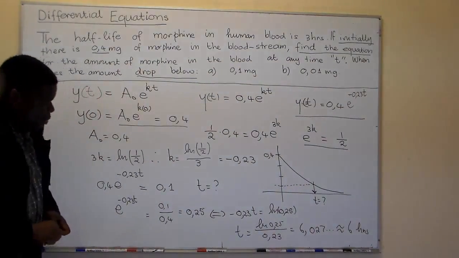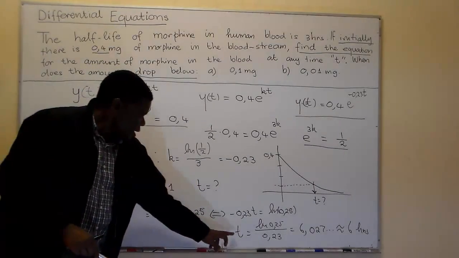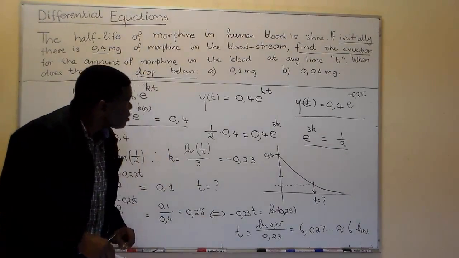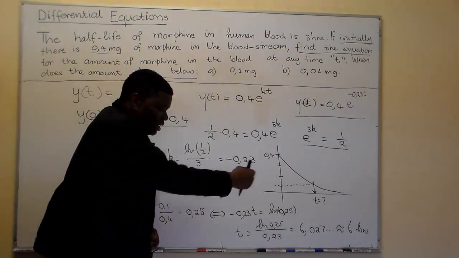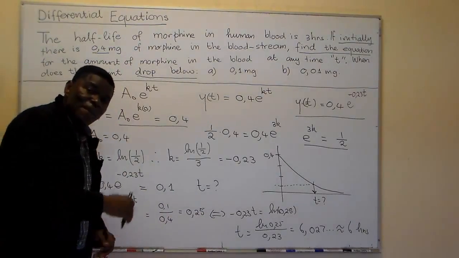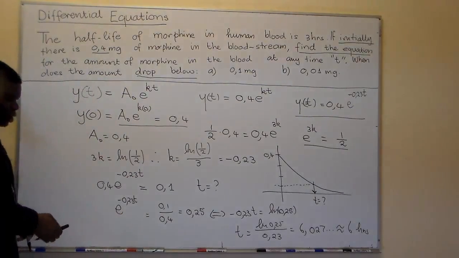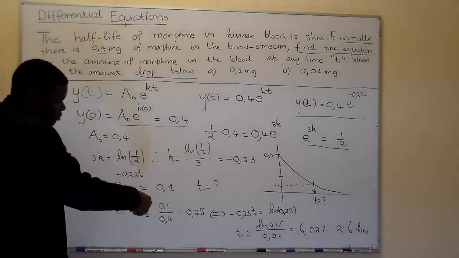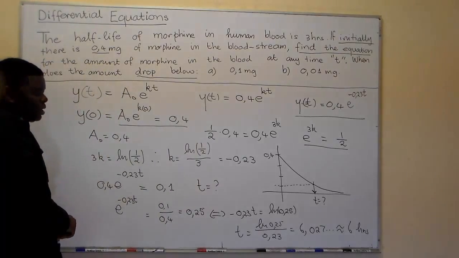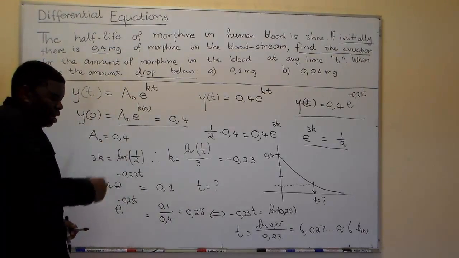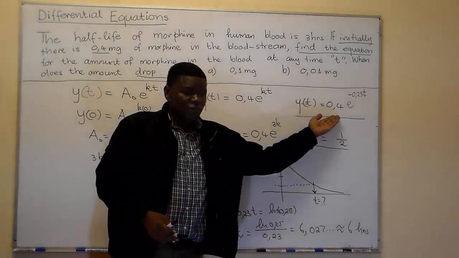So now we've determined the time by which this level of morphine will be 0.1. So we expect that after 6 hours it will be below 0.1. What we can do now is maybe even find the level of morphine after 10 hours, using the expression of the function.